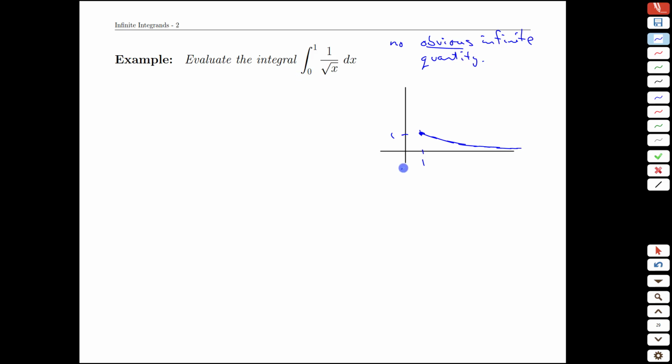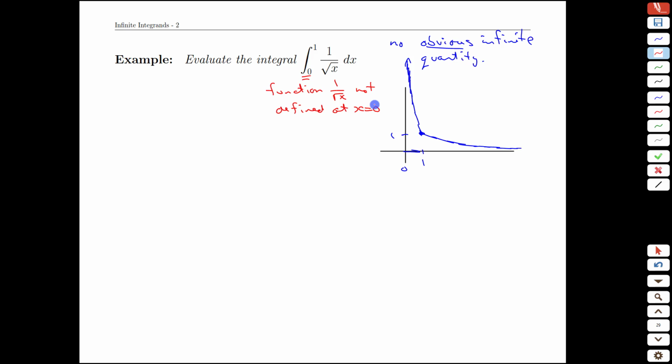We are interested only in the interval from 0 to 1. But you'll notice as x approaches 0, we're going to be dividing by 0 without any cancellations, and so we're going to have a vertical asymptote in this graph. Well, that means that at this 0 point here, the function is not defined there. And so that's what makes this an improper integral.